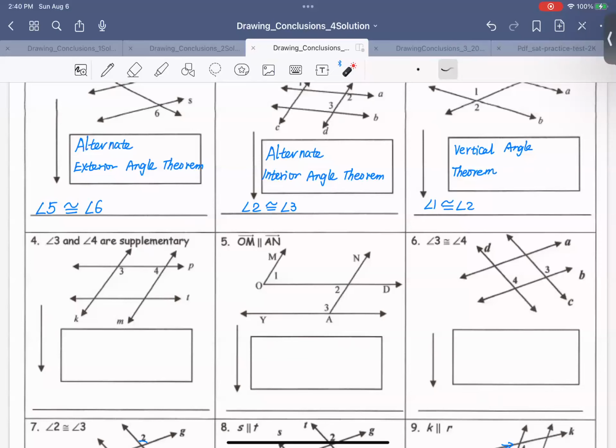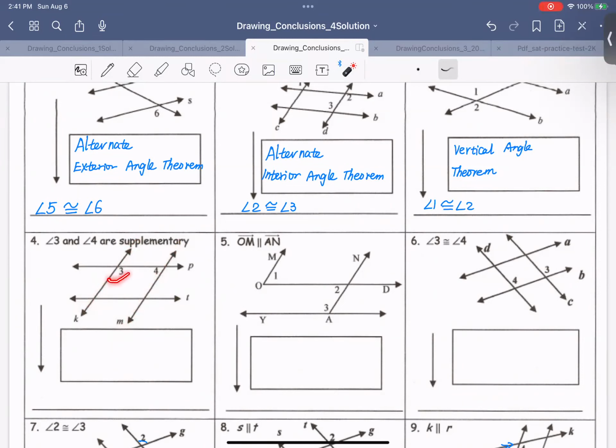Line K and line M parallel. Because? Definition of supplementary angle. Hold on. If I have line K parallel to M, as you see, angle 3 and angle 4 are supplementary. It's because of the same side interior angle.